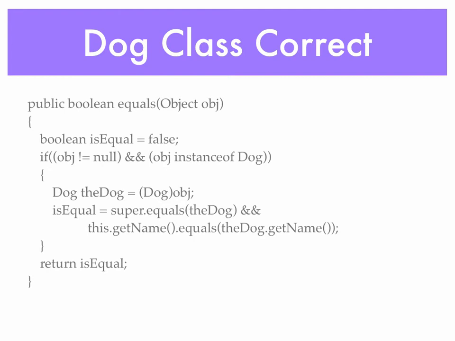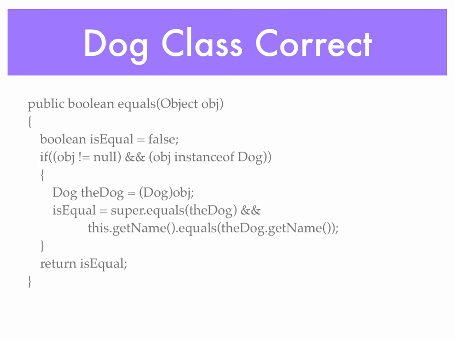And with this line, we'll see if indeed the two instances are the same, because we'll look at not only the name but also the gender. And if we evaluate to true with super.equals(theDog) and this.getName().equals(theDog.getName()), if that evaluates to true, isEqual is given a value of true, and we return that value. If it does not evaluate to true, it'll be set to false, we return that value.